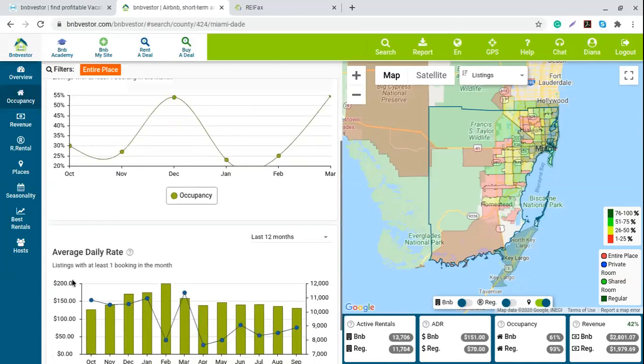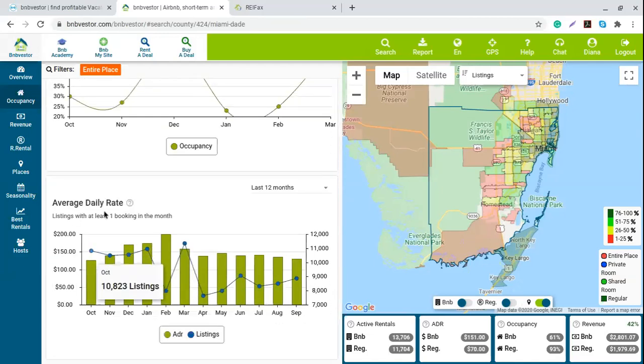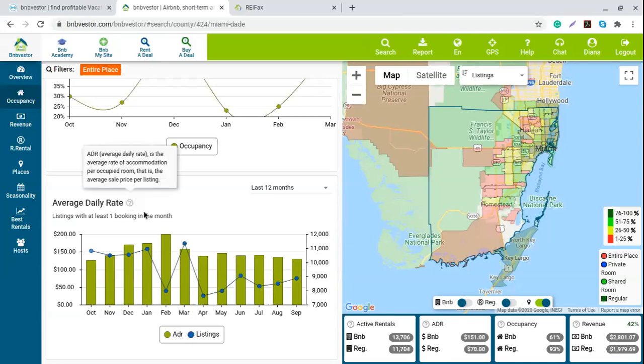Let's scroll down and see now the average daily rate. Average daily rate is the amount of money that people are charging per occupied room, daily, on average, again for listings with at least one booking in the month. You remember that on Airbnb you can find all kinds of listings.